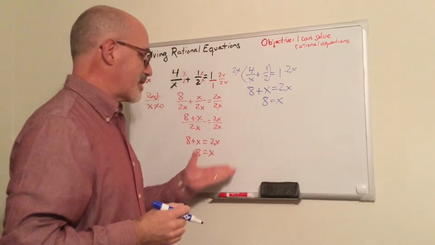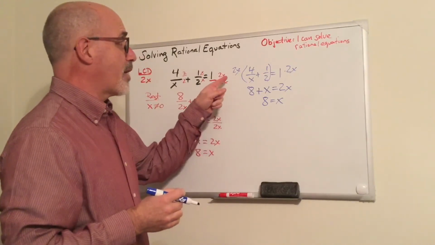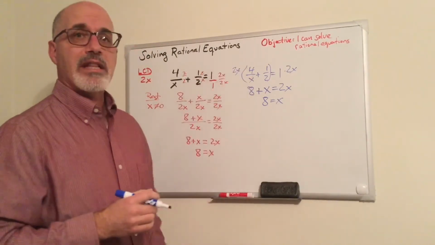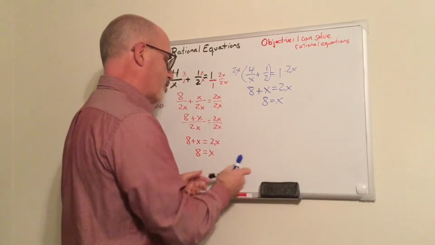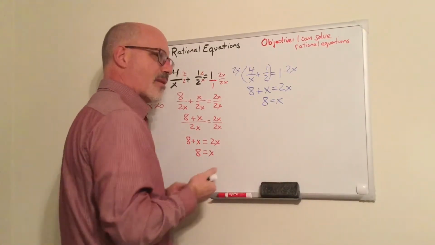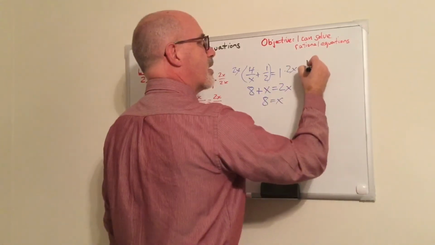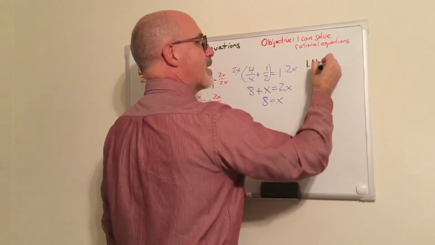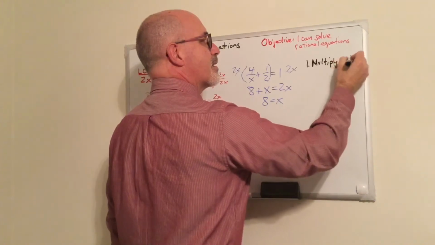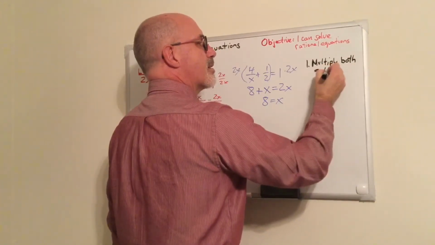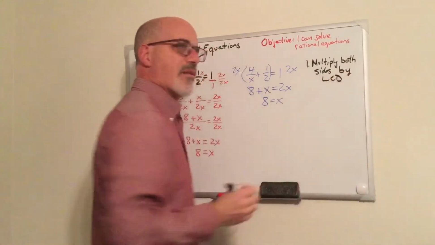So we get a little bit less work because we multiplied by the least common denominator on both sides. Here are the steps we want to use for these types of problems. For the first step, we want to multiply both sides by the LCD, the least common denominator.